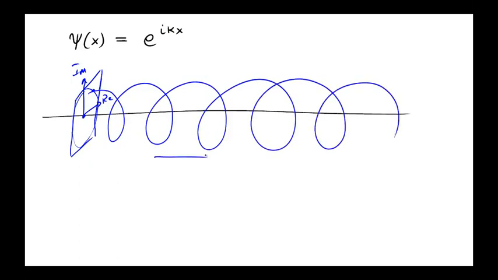Where this distance, which is a period of this, is 2 pi over k, right? Because if x goes from x to x plus 2 pi over k, psi of x is equal to psi of x plus 2 pi over k, because e to the 2 pi i is just 1.